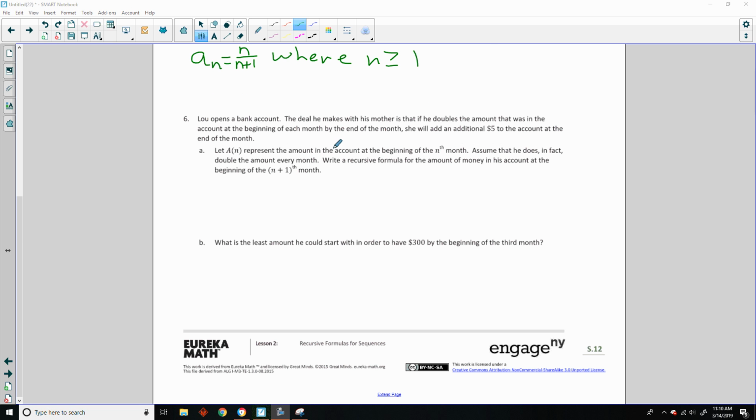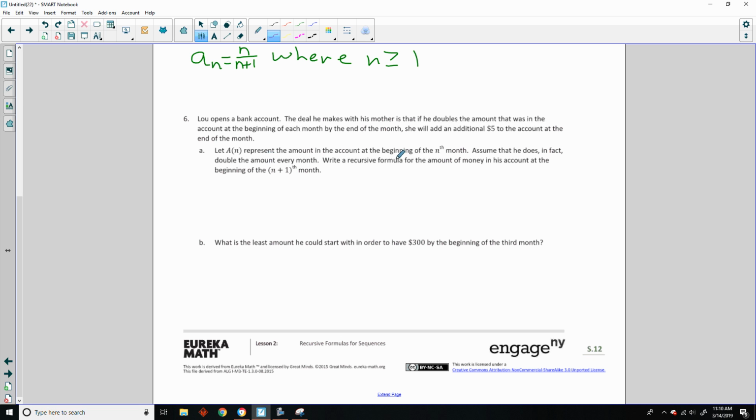Okay, number 6. Lou opens a bank account. The deal he makes with his mother is that if he doubles the amount that was in the account at the beginning of each month, by the end of the month, she will add an additional $5 to the account at the end of the month. Let a sub n represent the amount in the account at the beginning of the nth month. Assume that he does, in fact, double the amount every month.